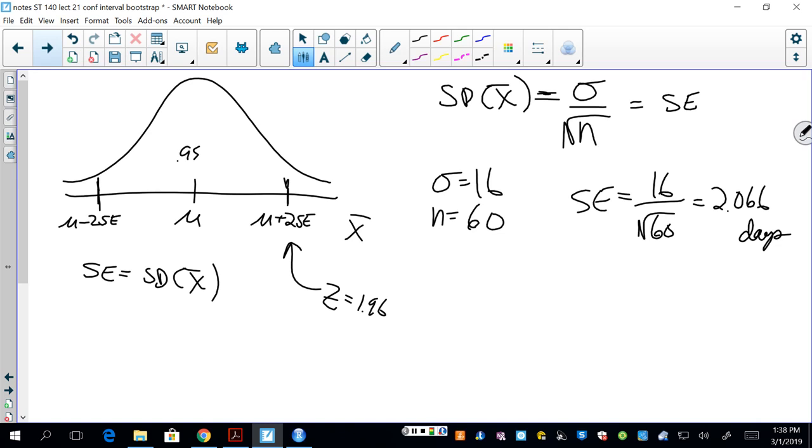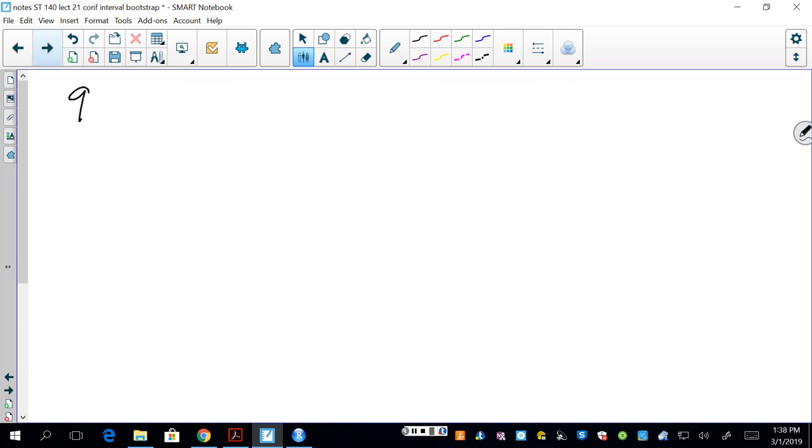And so let's think about where that is. We want our intervals to cover the truth with a pretty high percentage. So a 95% confidence interval is going to look at how many standard errors we have to be away from the mean to cover 95% of a normal distribution.